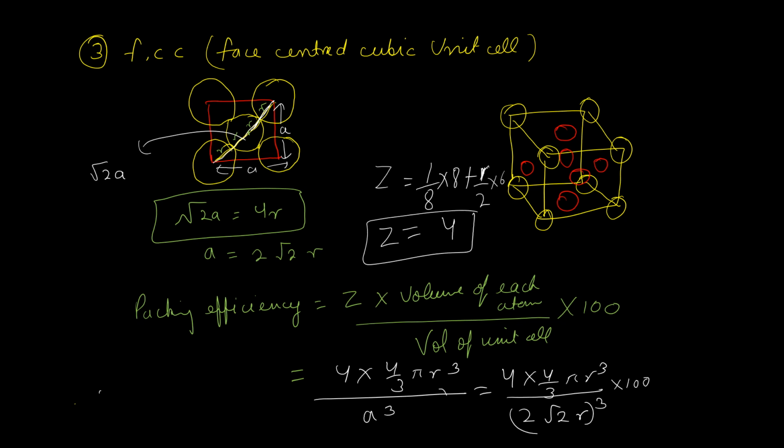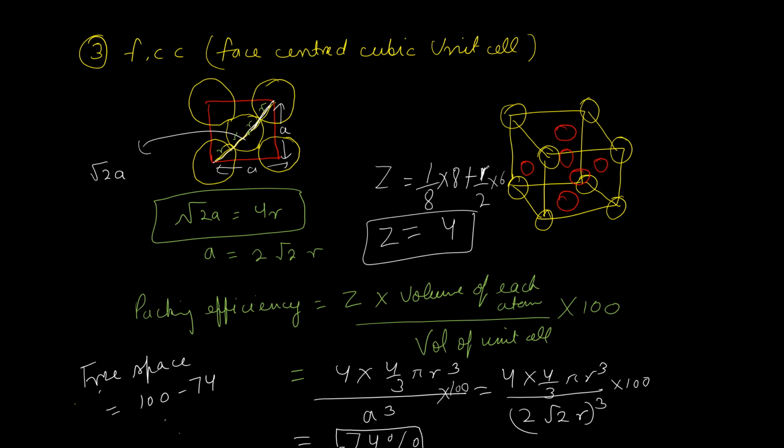When you solve it, it comes out to be 74%. 74% space is occupied. It means how much space is left free? So free space is equal to 100 minus 74, that is 26%.